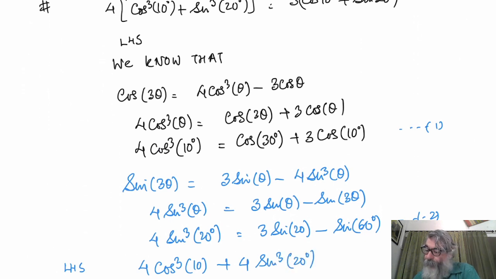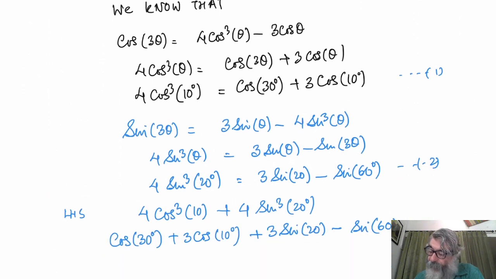So for 4 cos cube 10, the value will come from the first equation, that is cos 30 degree plus 3 cos 10 degree. And for sine cube 20, it will come as 3 sine 20 minus sine 60 degree. Is that clear?